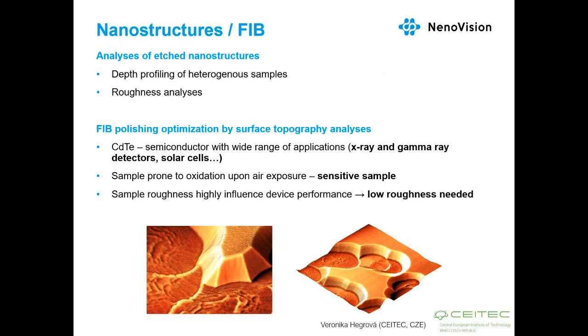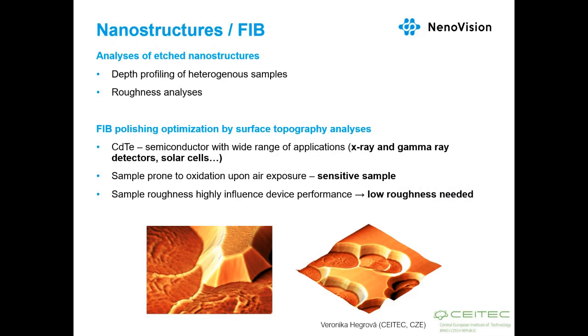I took the application where we do the FIB polishing optimization of the surface by using the topography analysis. The sample is cadmium telluride, which is an interesting semiconductor material. It's promising for different reasons like X-ray or gamma ray detectors or solar cells, but it's a sensitive sample.